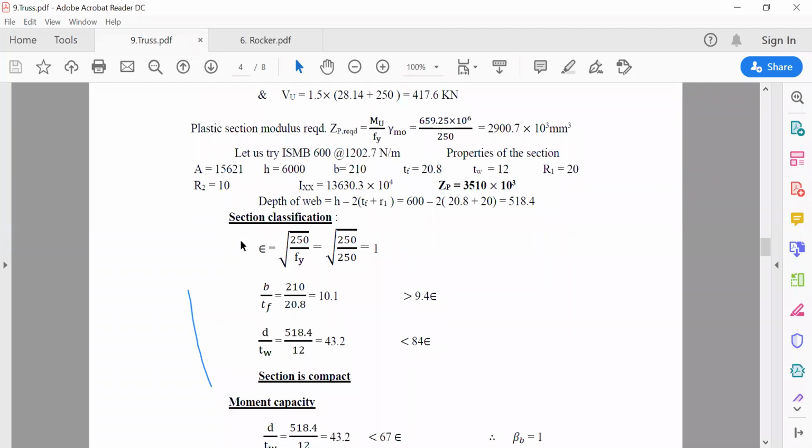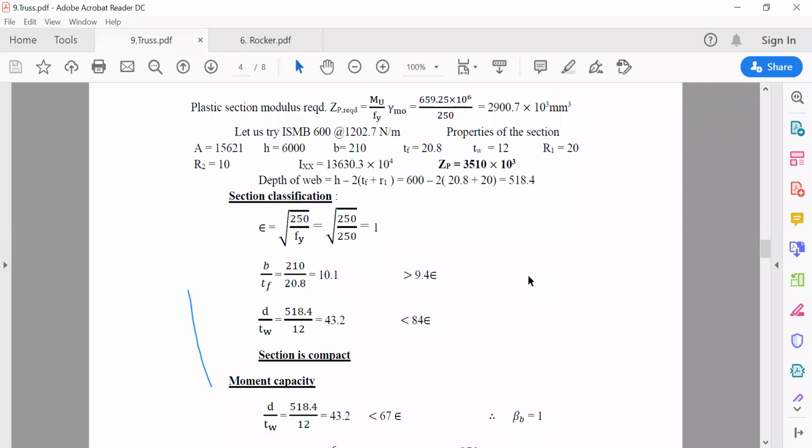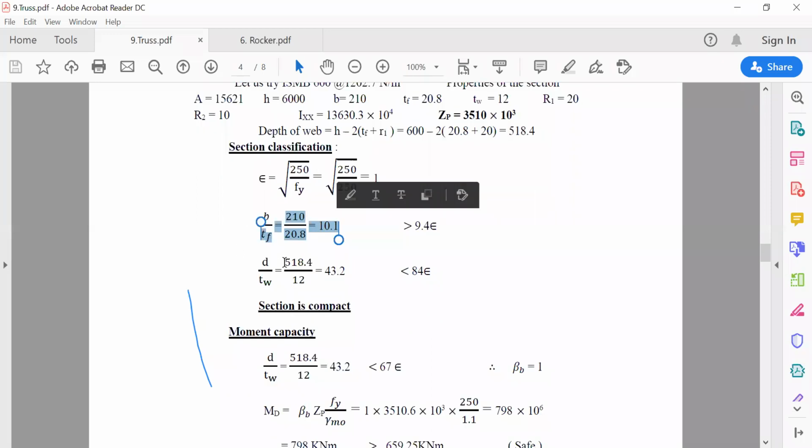The remaining steps are similar to what was there in the video. We have to classify the section: plastic, semi-compact, compact, like that. For that you have to find this, then this, then this one.